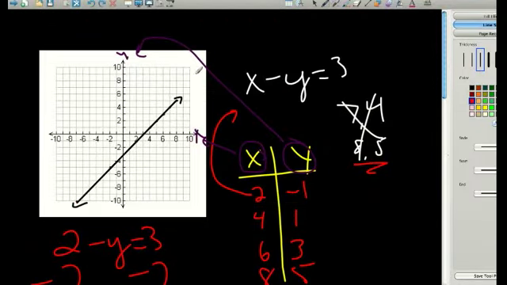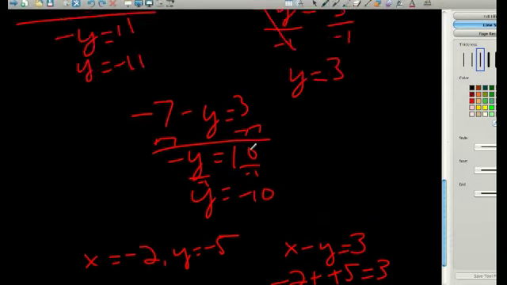So graphing this line helped us predict what value this equation would be at certain variables. Let's do another one. Let's do 0. When x equals 0, y should be equal to -3.